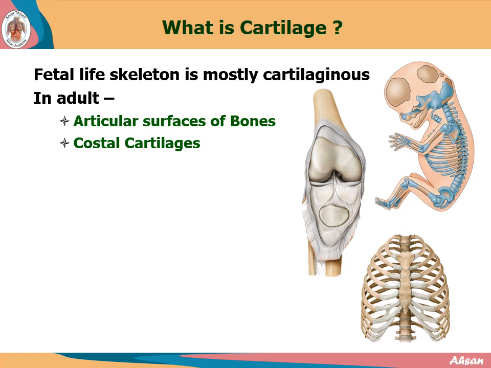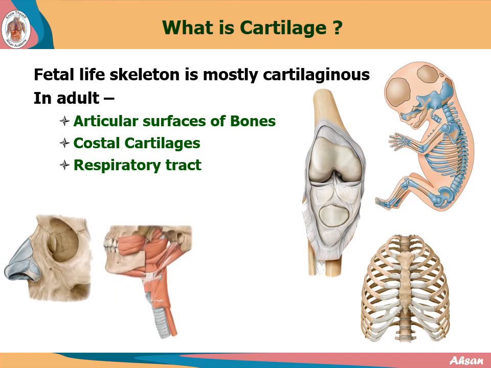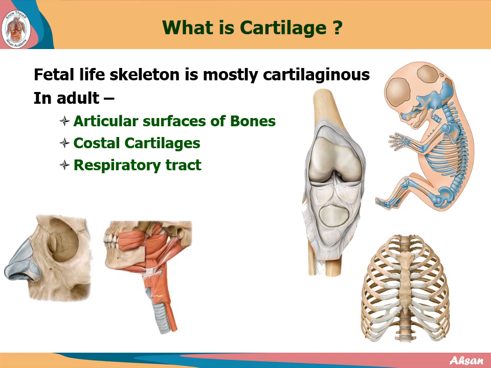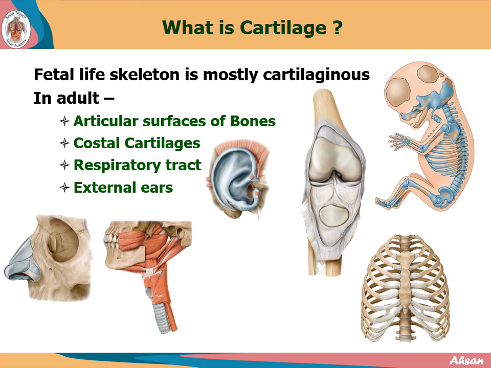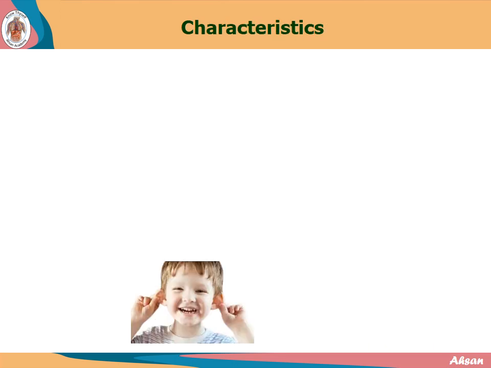The costal cartilage is present at the anterior end of each rib. In the respiratory tract, starting from the nose, deep up to the bronchus, we will get cartilage in the wall. The external ear skeleton is formed by the cartilage.